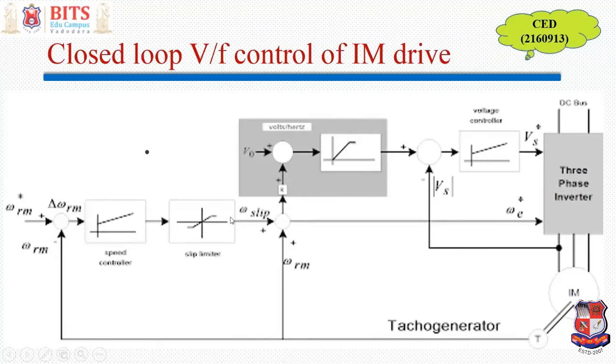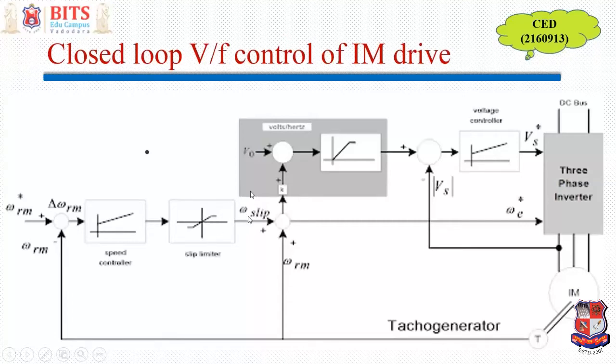So this constant maximum output will be the maximum slip at which you would like to accelerate the motor or decelerate the motor. So this is limiter block. Limiter block is very essential because P plus I action, integration action results into ramp signal if a step change is there. And ramp will go on increasing with respect to time if you do not limit. So a limiter block is required.